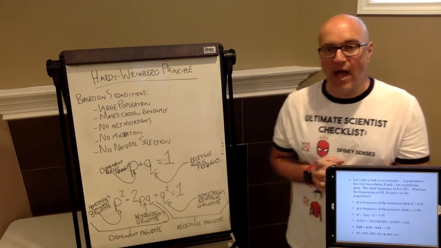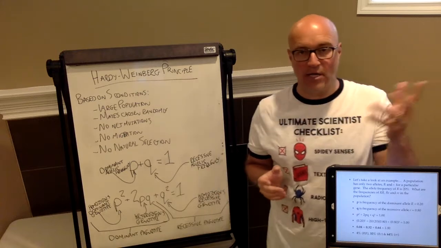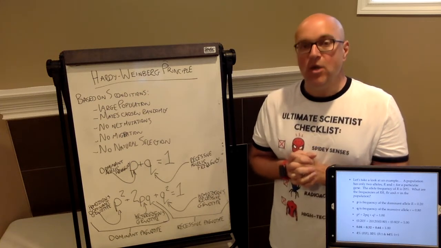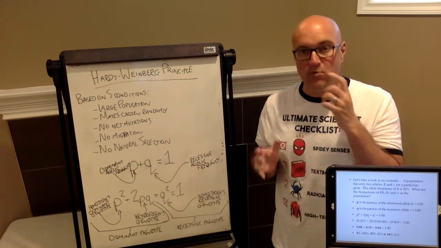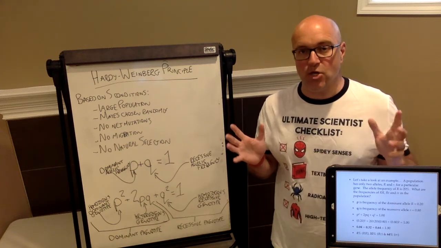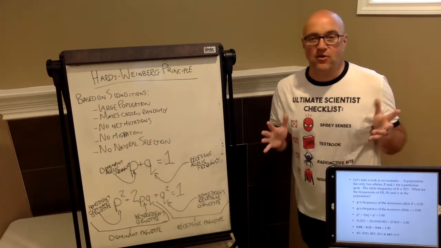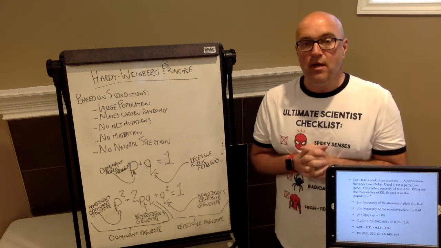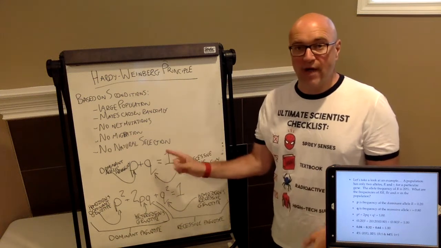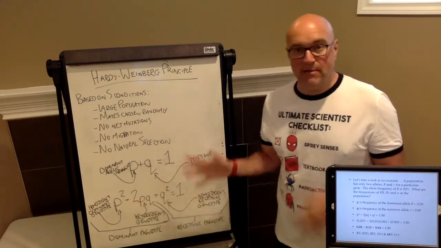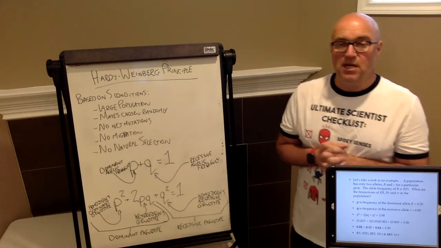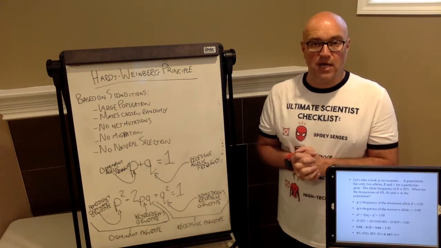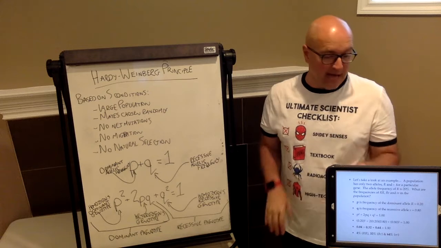That gives me a Q value, and from my Q value, I can then calculate my P value. So generally speaking, with these equations, you want to isolate P and Q as quickly as possible. As soon as you understand what the P and the Q values are, then it's just a matter of plugging them into the expanded equation to get either your genotype or your phenotype frequencies that the question is asking for.